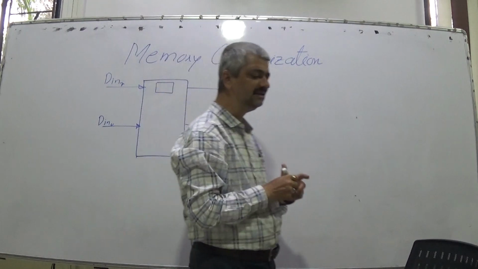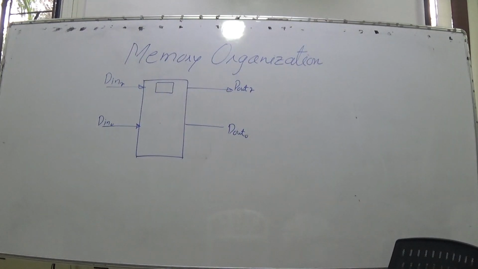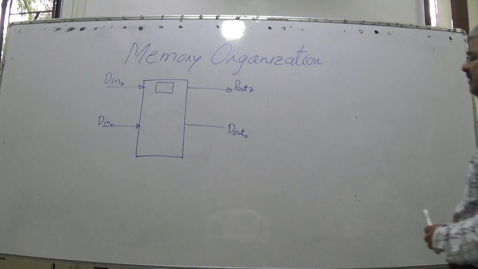Normally numbering starts, it's a convention. It has its own inherent advantages in binary arithmetic. So numbering starts from 0 onwards. So 8 bits correspond to bit number 0 to bit number 7.